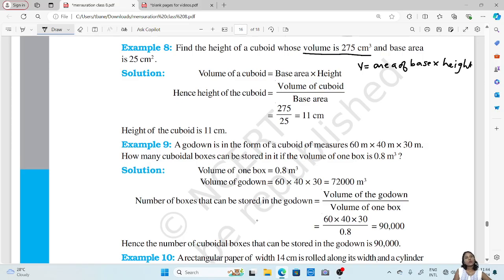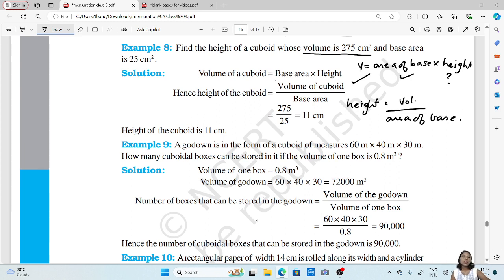What we are asked to find is the height. This is given to us, this we know, and this we know. So we simply rearrange this formula, and we get height is equal to volume upon area of base.